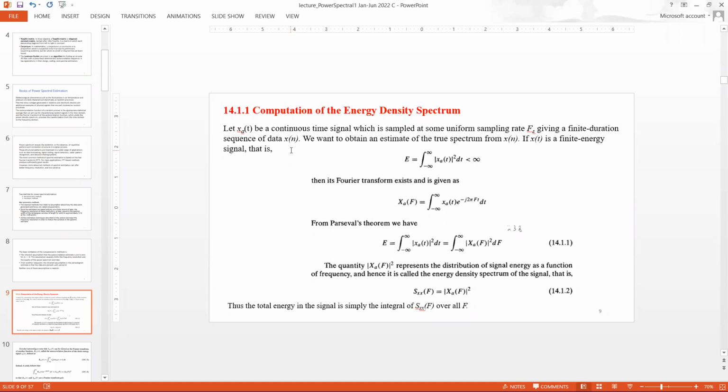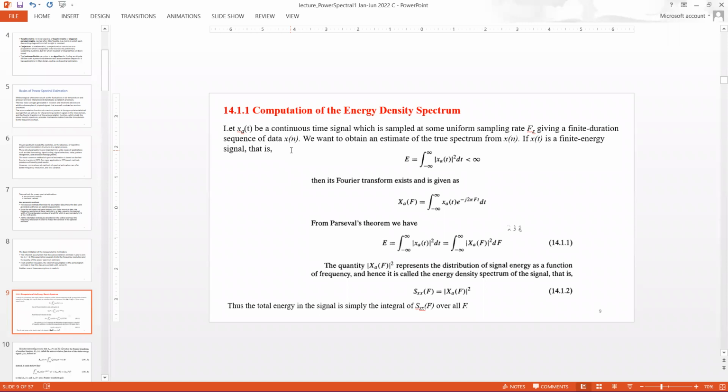Then from Parseval's relation, which we discussed in the Laplace transform, and which is also there in the Fourier transform, we get equation number 1.